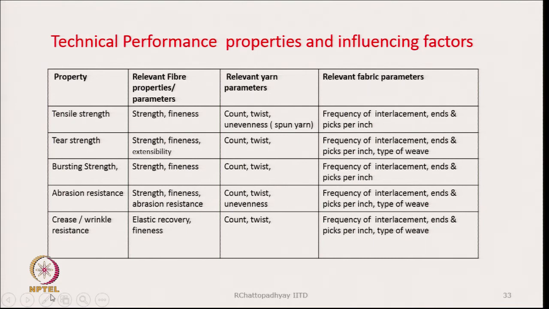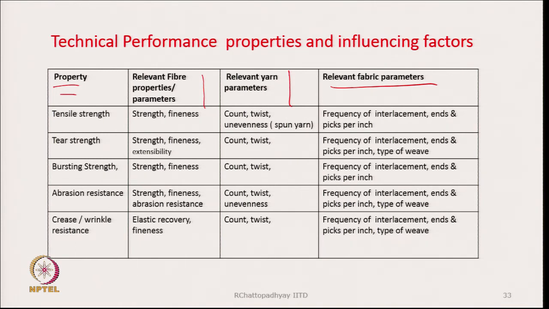Technical performance properties and their influencing factors. So, properties such as tensile strength, tear strength, bursting strength, and the relevant fiber, relevant yarn, relevant fabric parameters are stated here. For the sake of this knowledge, we have listed them. This side is the property of the fabric and the other column has the relevant fiber, yarn or fabric parameters.